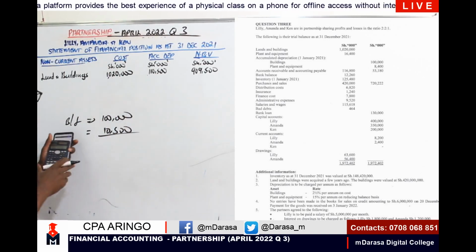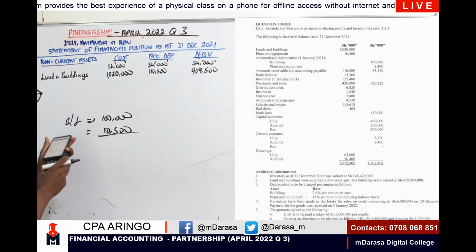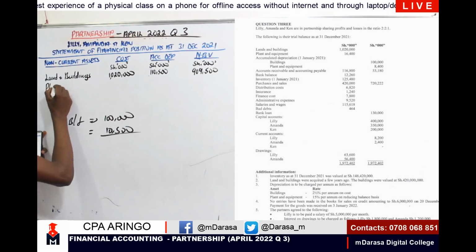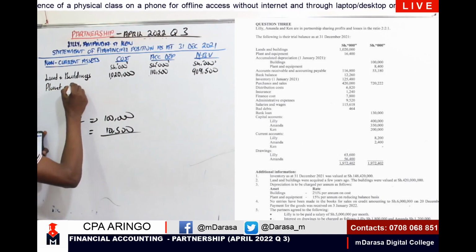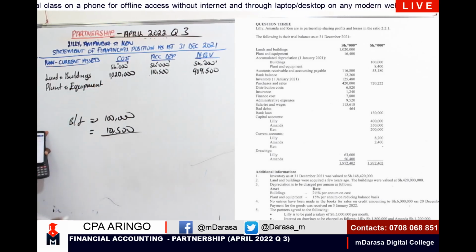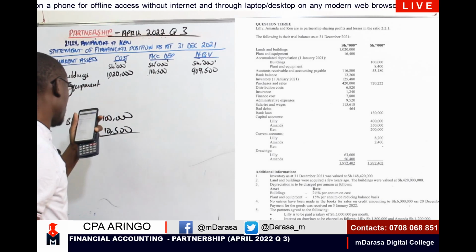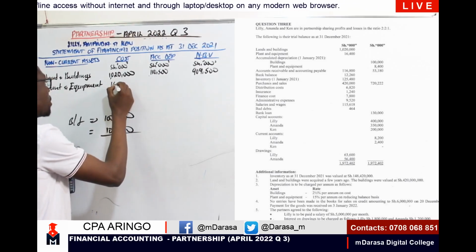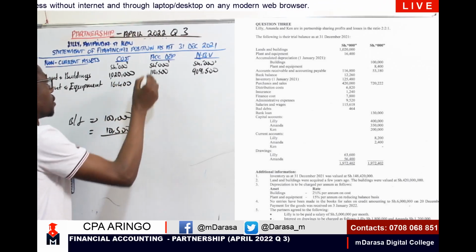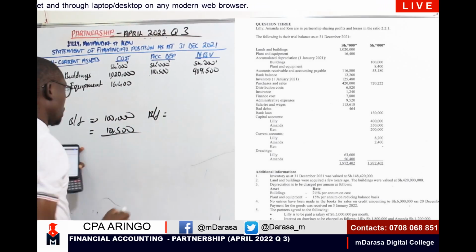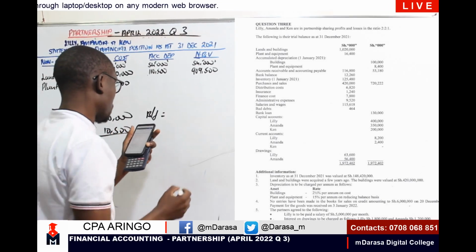Talk about the other asset here, which in this case we had plant and equipment. Cost, I was given a figure of 16,400. What about accumulated depreciation? Brought forward, we had a figure of 8,400.